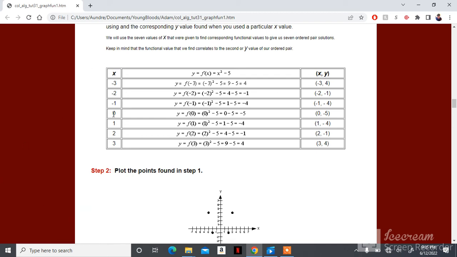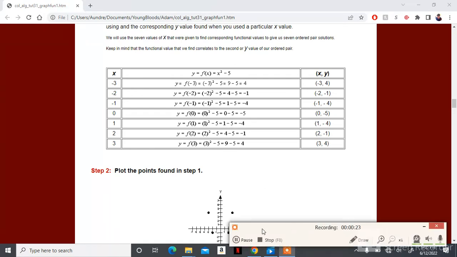Okay, x is negative 2. Plug it into this formula. f of x, with x as negative 2, plug it in right here. Negative 2 squared, hold up real quick, is 4.